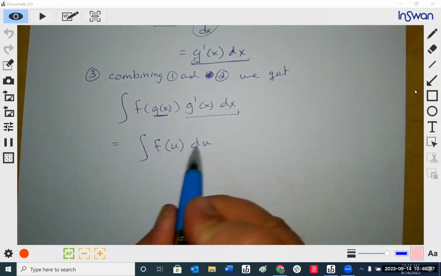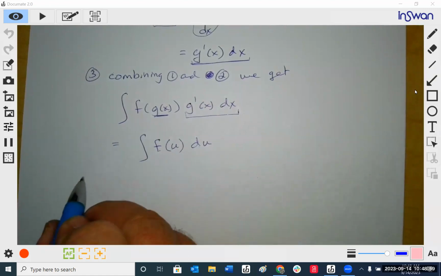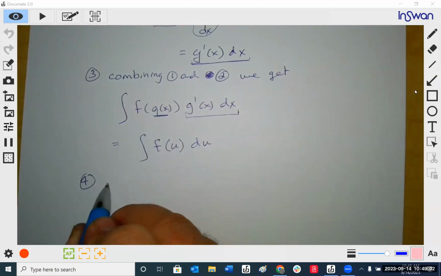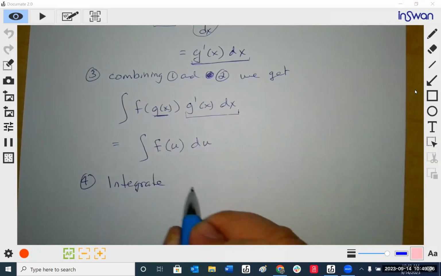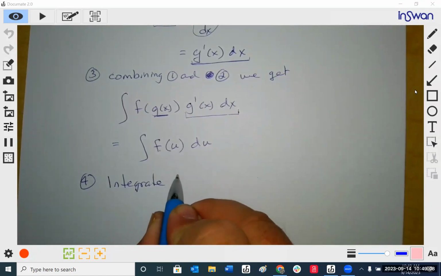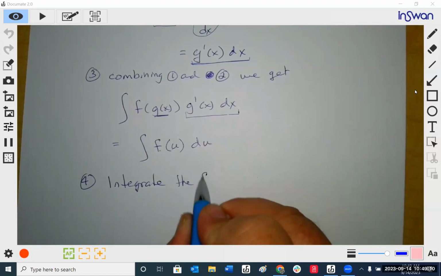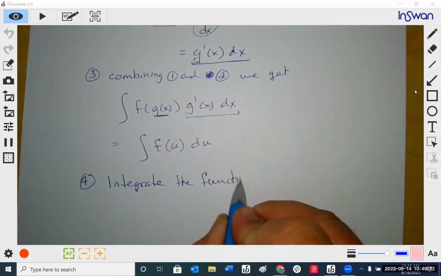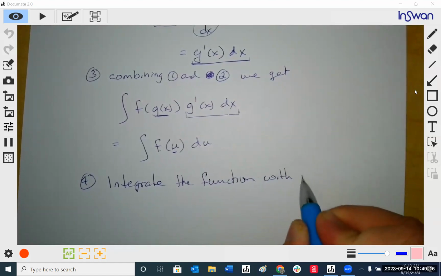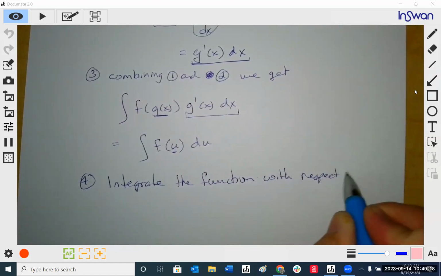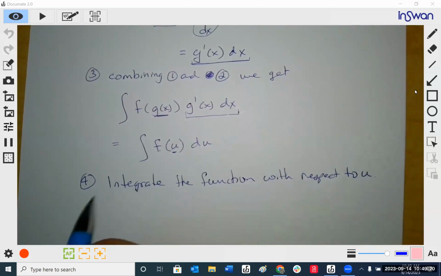So we have the integral of f of u du. Integrate the function with respect to u.